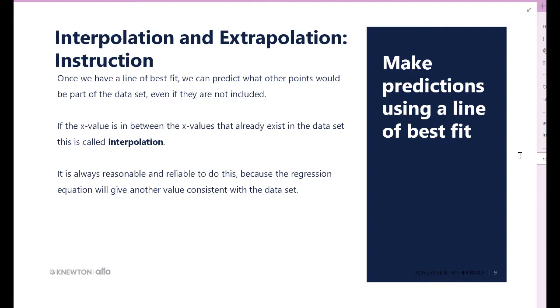Well, to calculate your best fit line, if you remember, the best fit line was of the form y hat equals ax plus b, right? I'll put a hat on it for predictive value. What's important here is that the x value that you plug in has to be within the x values that were in your original data set.